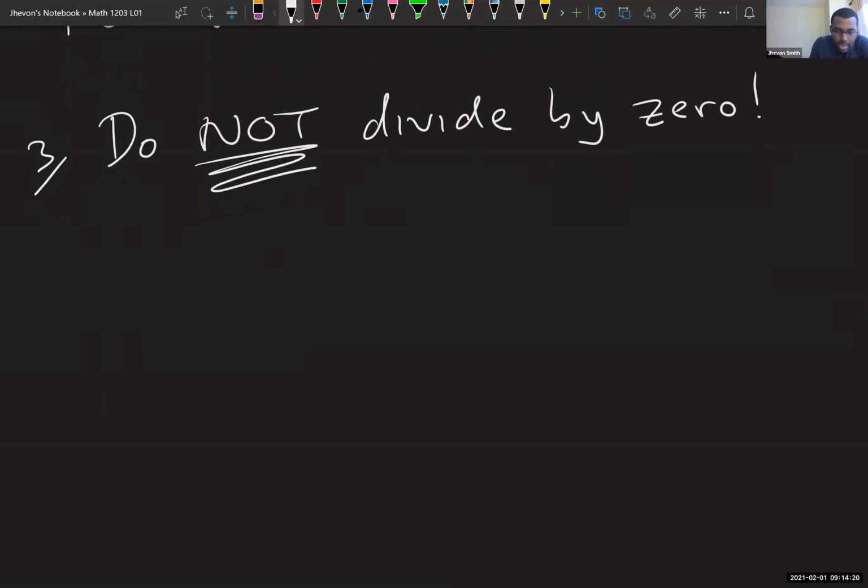So writing 2 over 0, meaningless. Doesn't make any sense. That's nothing. Like if you tell me the answer is 2 over 0, no, it's wrong. Or you might say 2 over 0, that's equal to infinity. No, it's not. Or that's equal to 0.